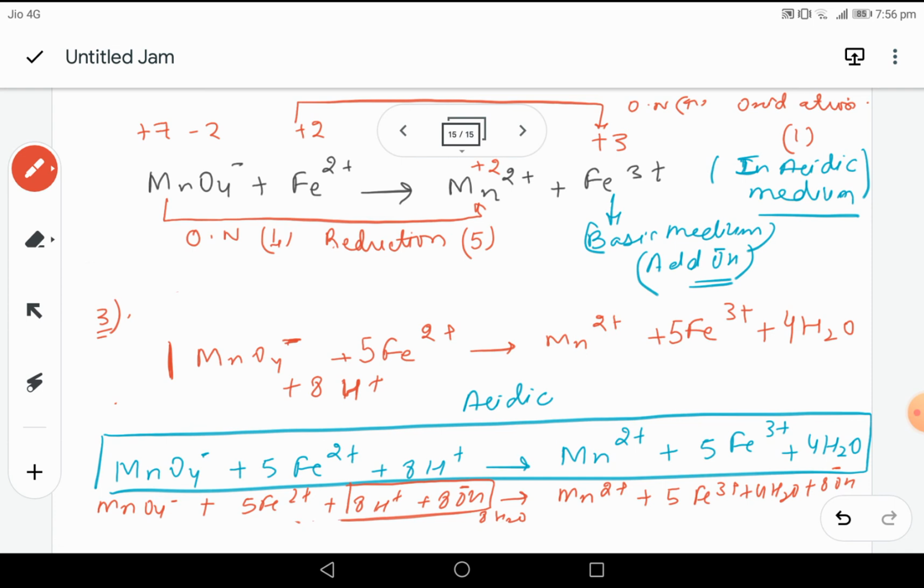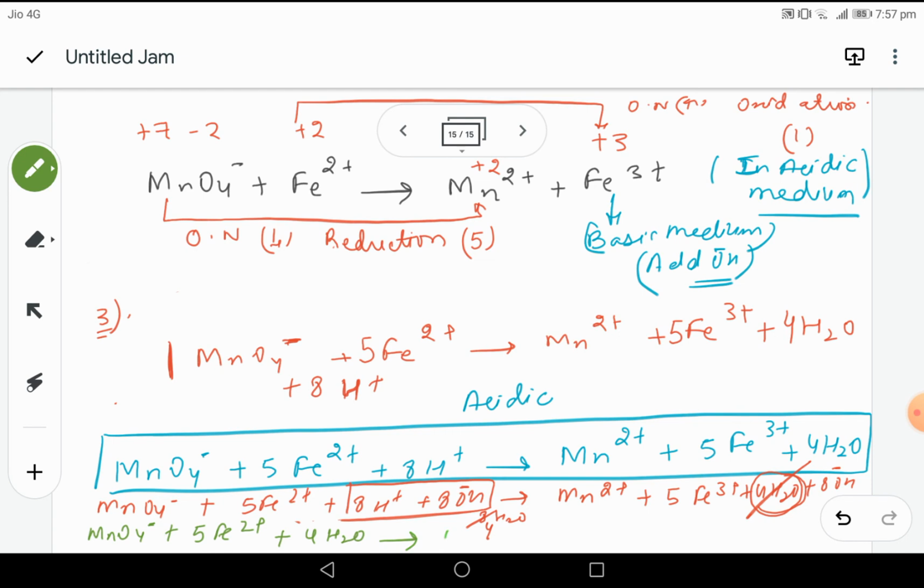And if you see carefully, we have got 4H2O on the product side also. And if we have got the same molecule on the reactant side and the product side, they get cancelled. So this 4H2O will be cancelled, and out of 8 molecules of water we are left only with 4. So now is the time to write the final equation, and the final equation becomes MnO4 negative plus 5Fe2 positive plus 4H2O.